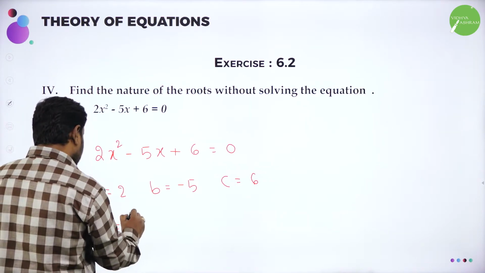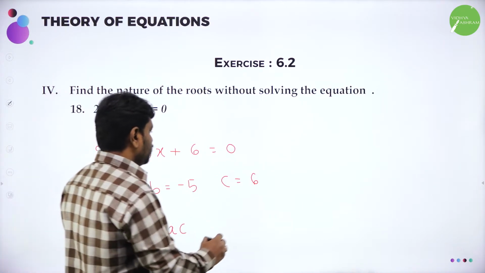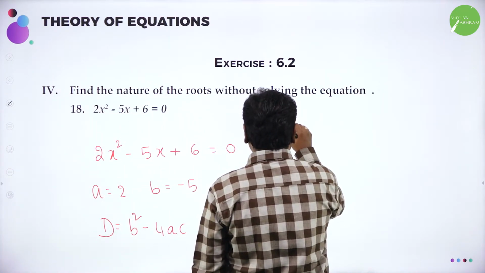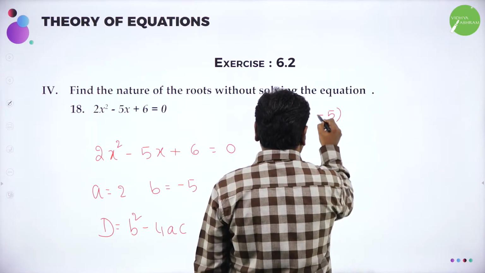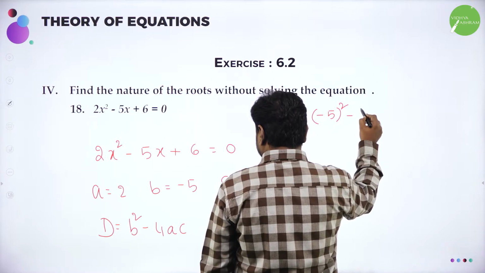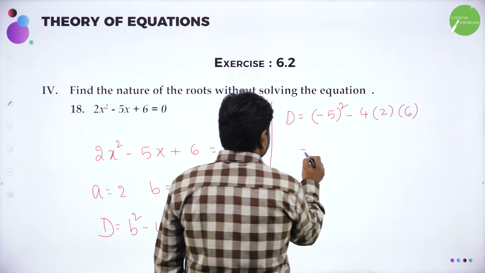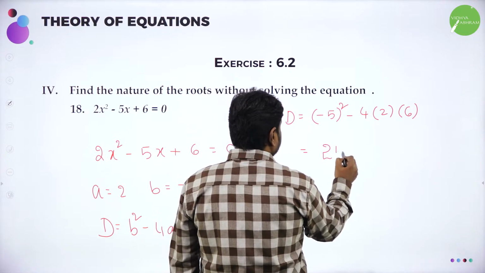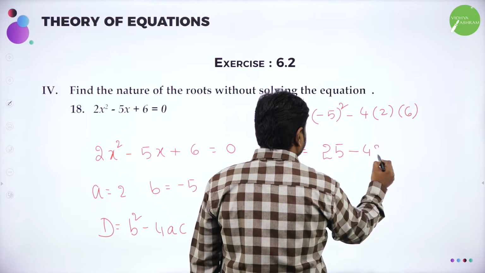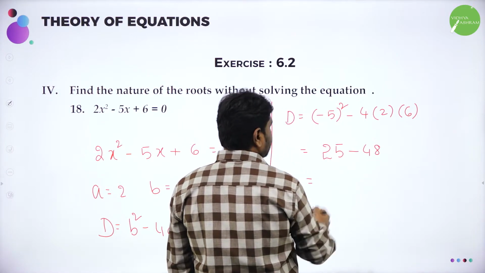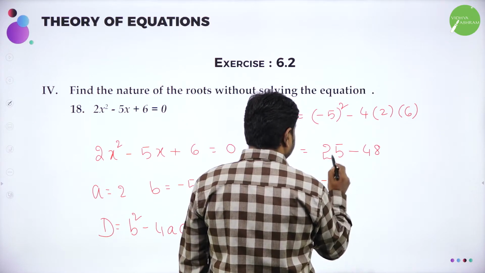D is equal to b square minus 4ac, that is D is equal to b square. b is what? Minus 5 the whole square minus 4ac. 4 into 2 into 6. 5 square is 25 minus 4 into 2 is 8, 8 into 6 is 48. So we'll get 25 minus 48, which is minus 23.